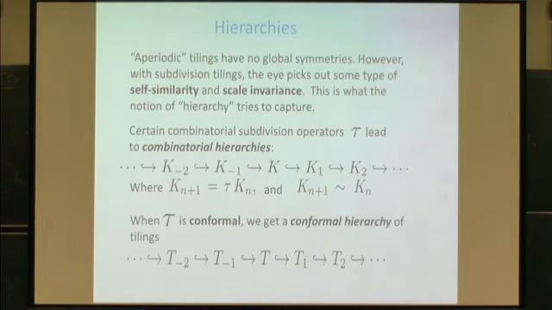Well, if you have a conformal rule, then this is a conformal hierarchy. That is, for each combinatoric situation, I have the corresponding conformal tiling.